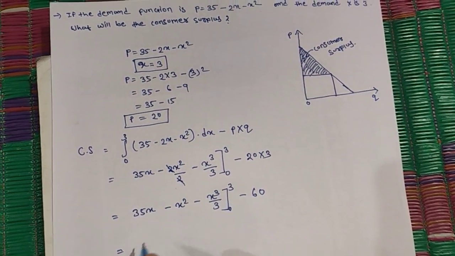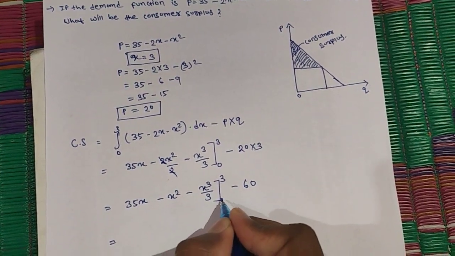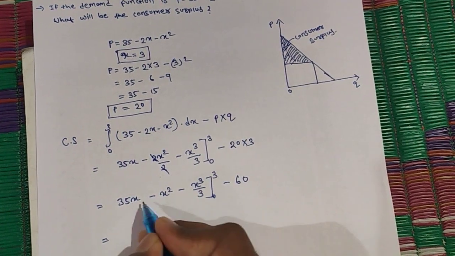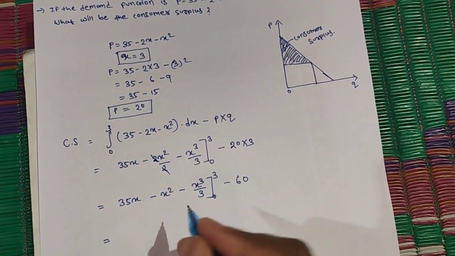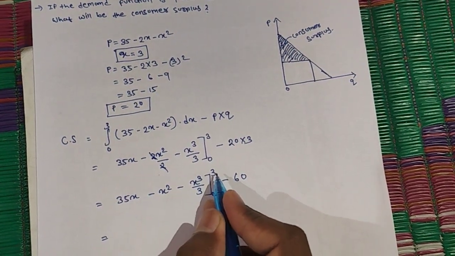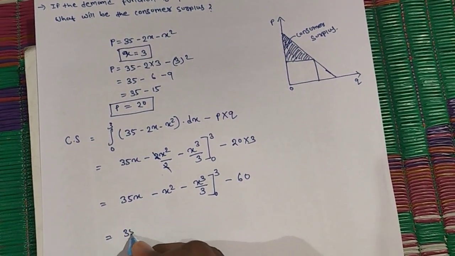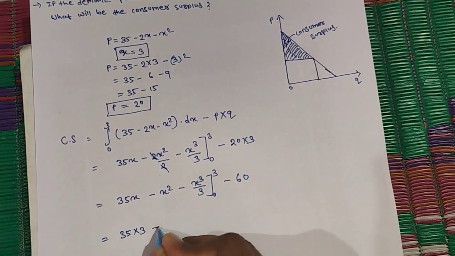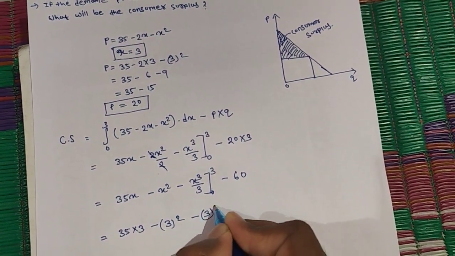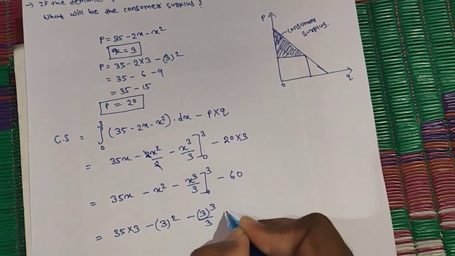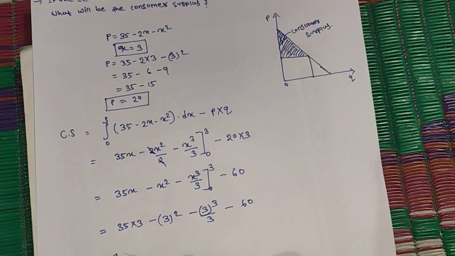Now we have to put the value x is equal to 3. We ignore 0 here because when we put 0 in all these values we get 0. So instead of putting 0 we put 3 only. 35 into 3 minus 3 square minus 3 cube upon 3, minus 60.